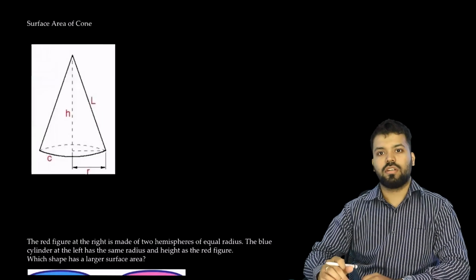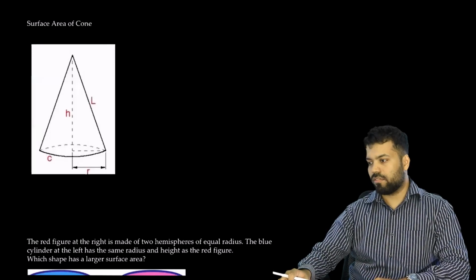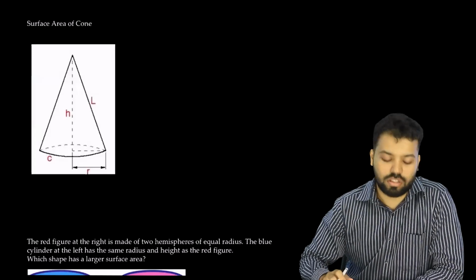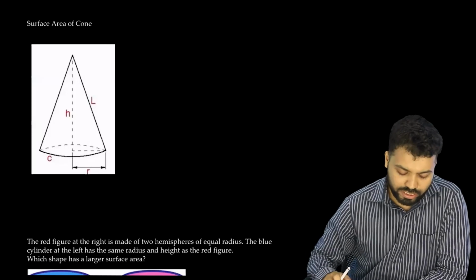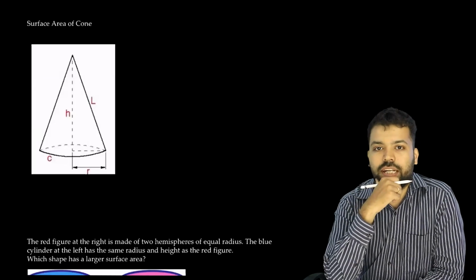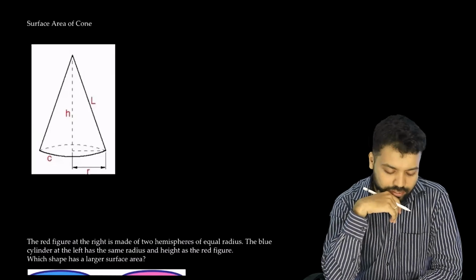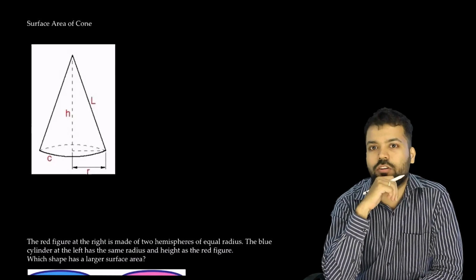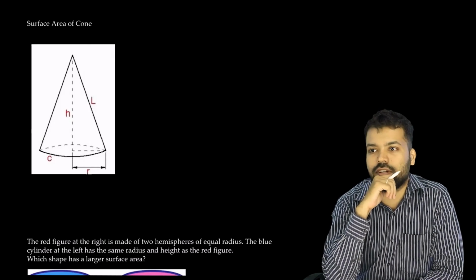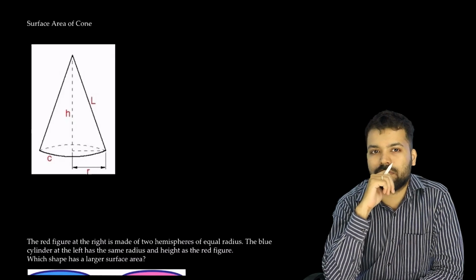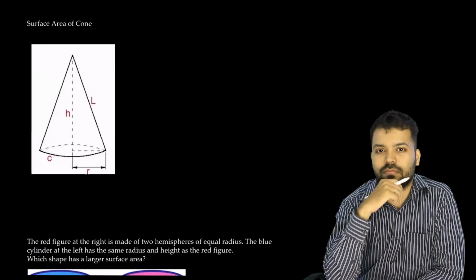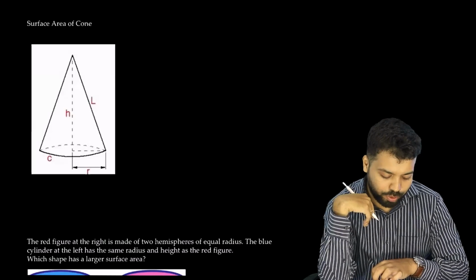Now we'll discuss the surface area of a cone. We want to find out the formula for the surface area of a cone. Can someone tell me what is the procedure for this? I think even this was given as homework. Did anyone solve this? What could be the approach?